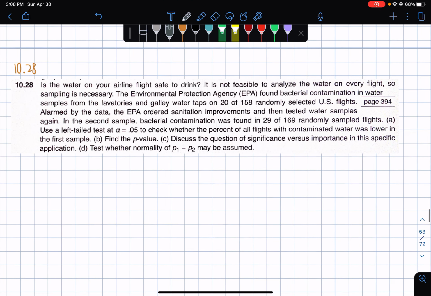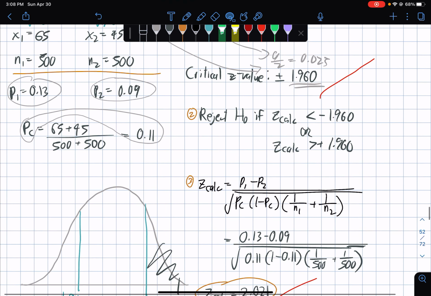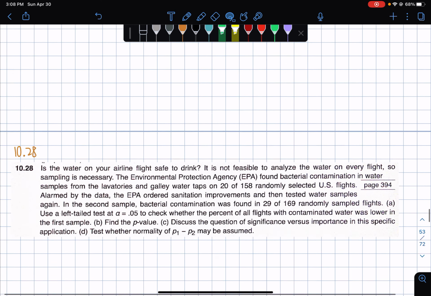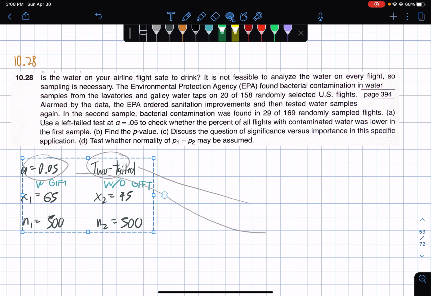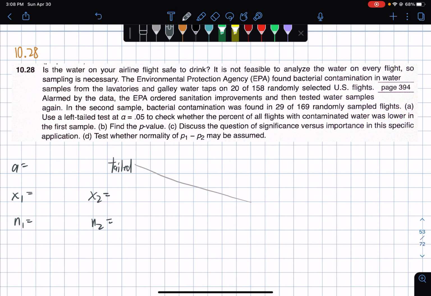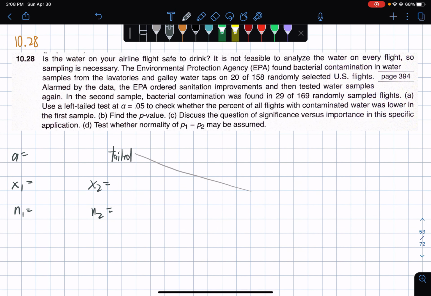10.28, let's move on to 10.28. Again, let's rewrite the given that we'll be expecting. Okay. Alpha is 0.05. What tail test is this? Use a left tail test.